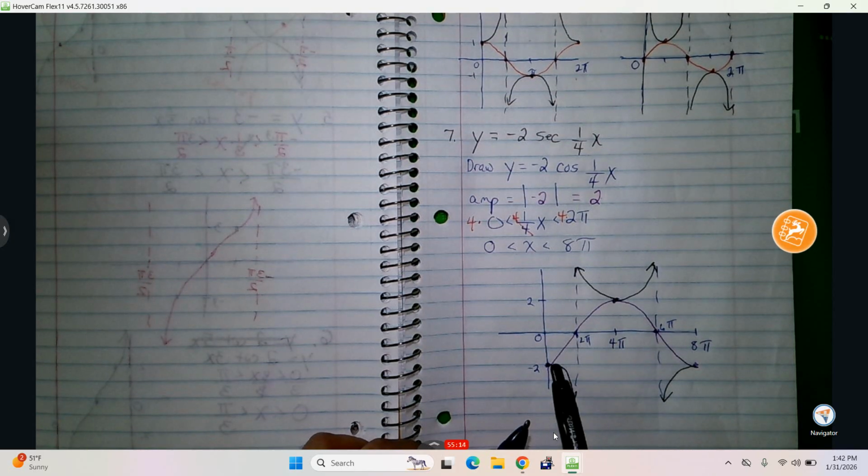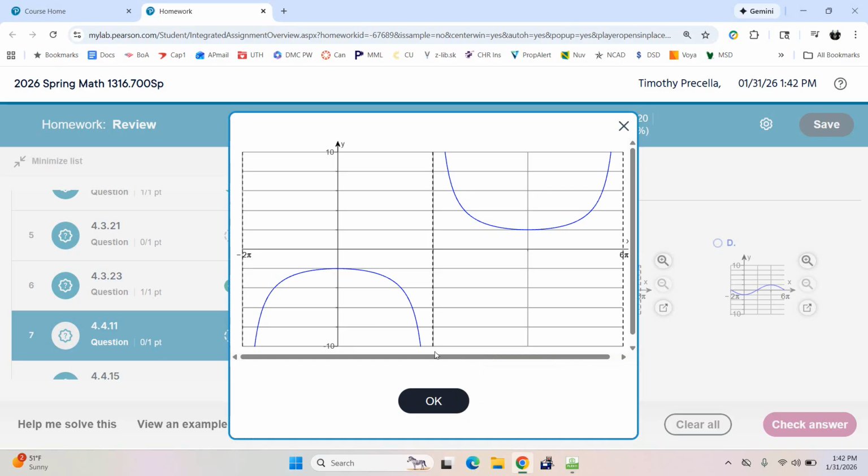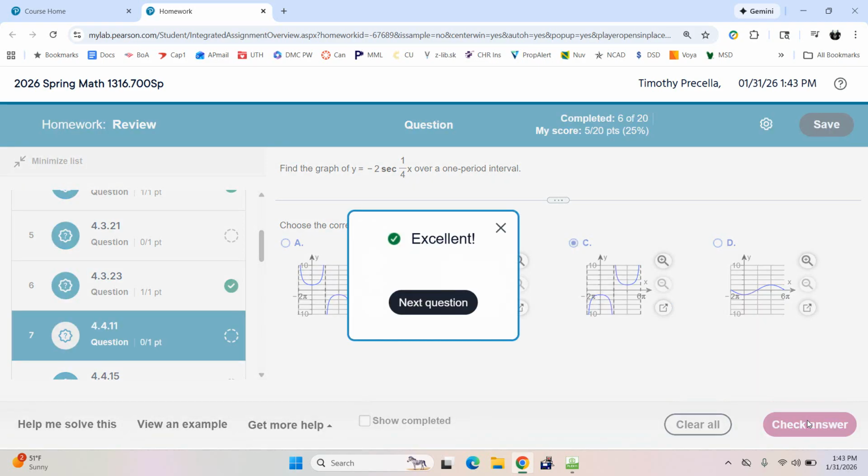Crossing there, and you can tell it's going to keep going. It's going to make the little upside down U there. Yeah. Okay, there's the y-axis. It's at -2. How do I know it's at -2? Well, it says -10 there. Okay. So C it is.